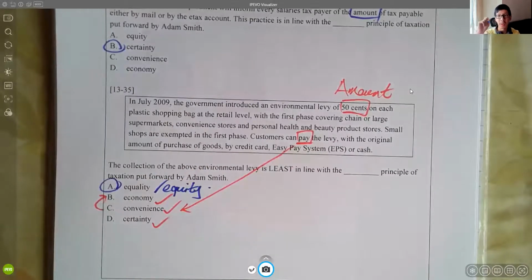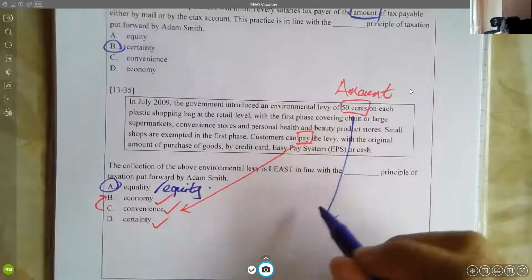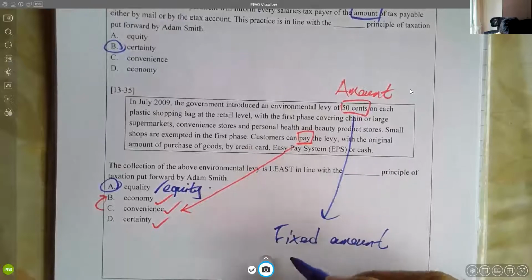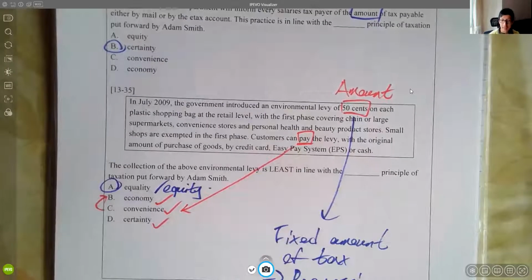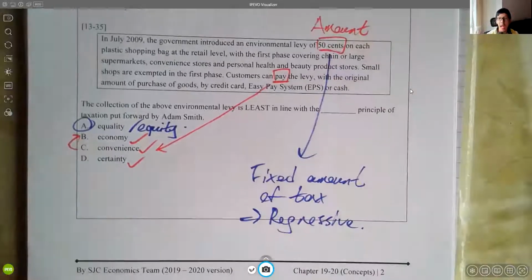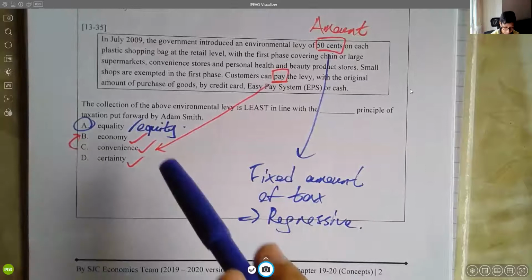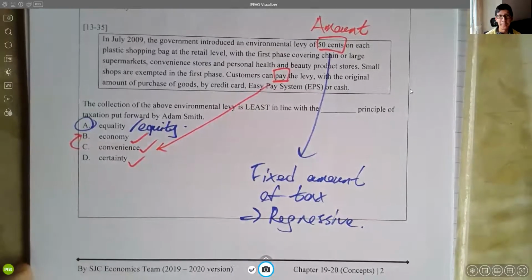Because later on in our next video, you will learn that when we have a fixed amount of tax, it would be something we call regressive tax. When it is regressive, we know that since it is not proportional, it won't be in line with the equity principle. That's how we deal with it.